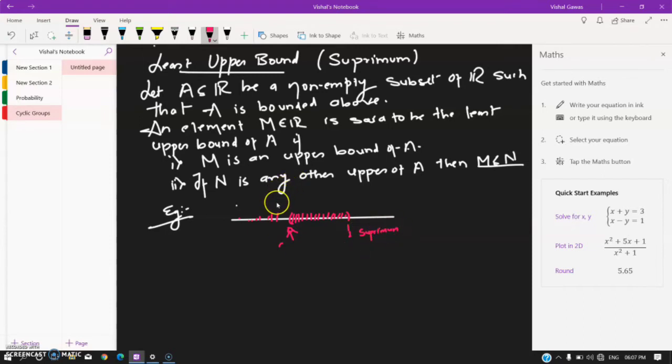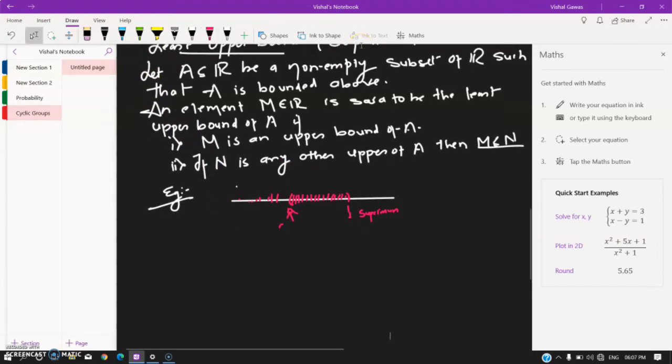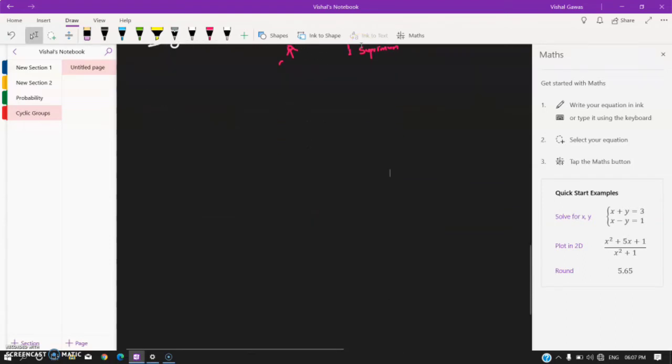Now let us define the greatest lower bound first, before I come back to this. Better I will define that.